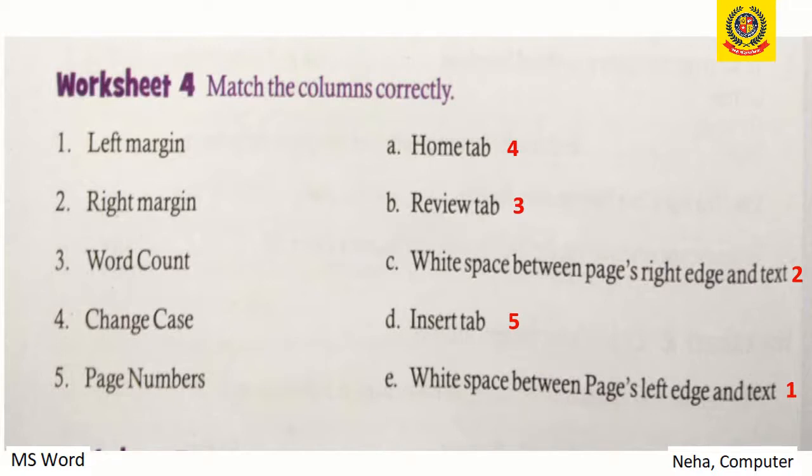Fifth, page number, it is found in the insert tab. So we are going to write the number 4 in front of the A option, 3 in front of the B option, for C we will write 2, and for D 5, and for E we'll write 1 at the last. So in this way the match the following is done.